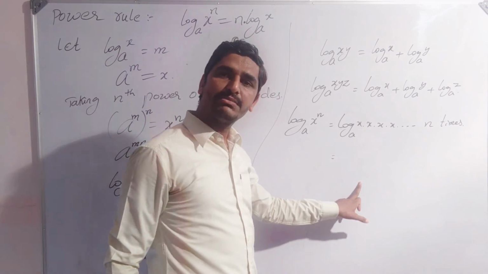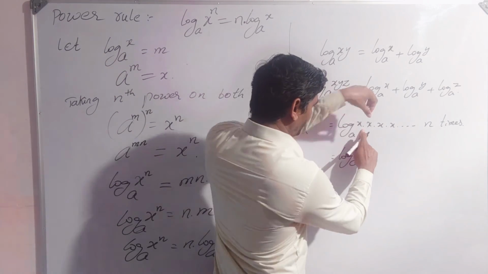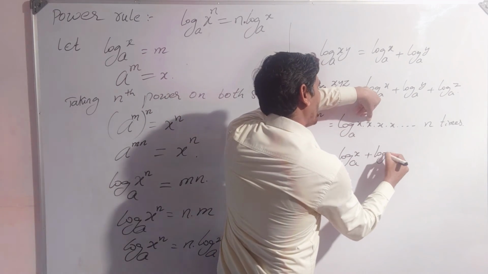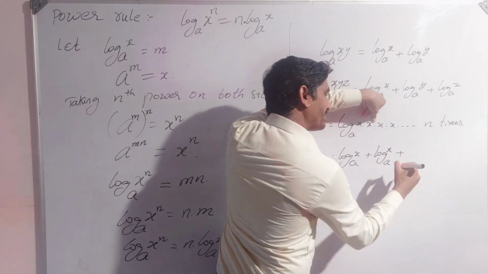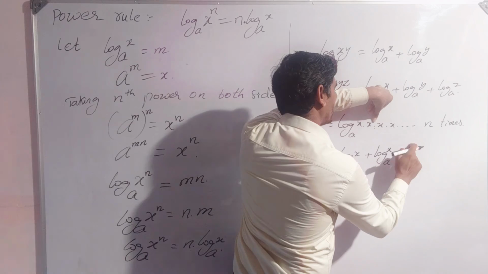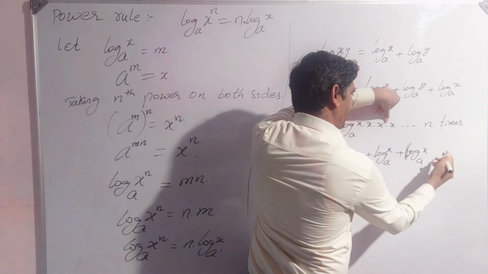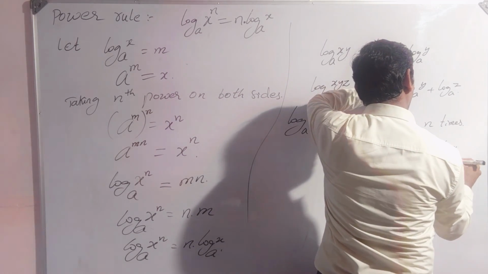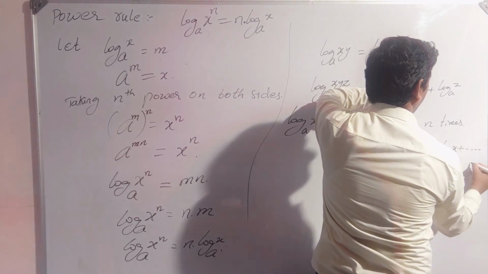For multiplication, it becomes a plus: logarithm of x to the base a plus logarithm of x to the base a plus logarithm of x to the base a, and so on, n times.